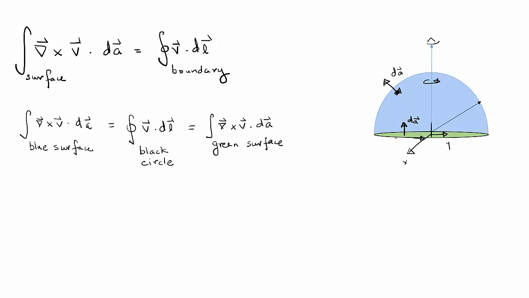This, of course, is my dl. We'll explicitly verify that these three integrals are exactly the same. I will use the spherical coordinate system for the first two integrals and the cylindrical coordinate system for the green surface.